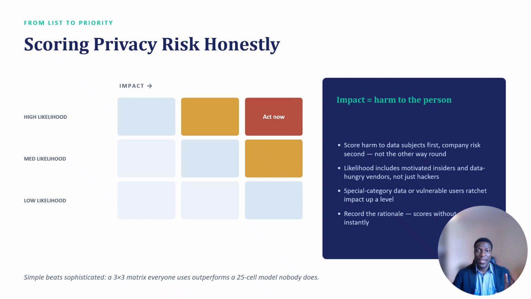Fourth, record the rationale next to every score. For example, a "bar high" means nothing in six months. So top right cell, act now, that's your mitigation backlog.